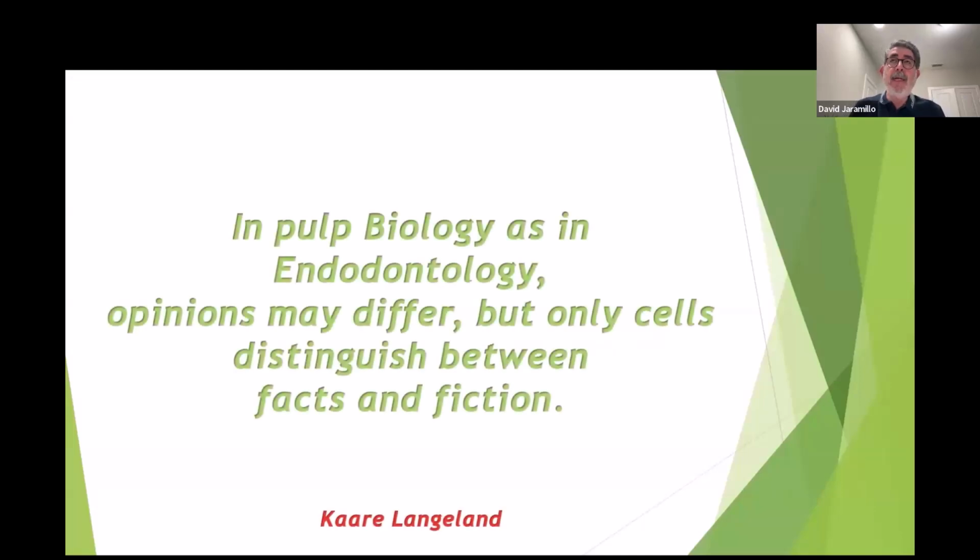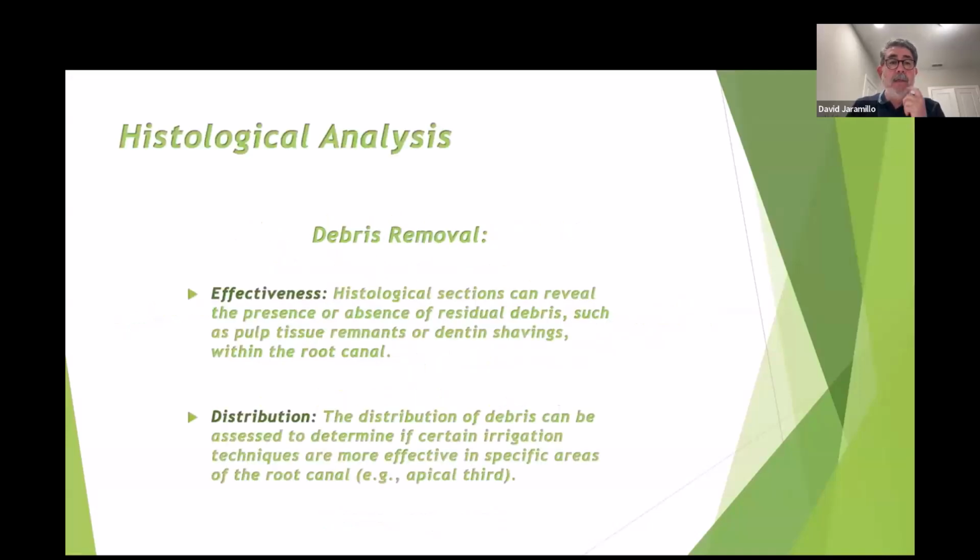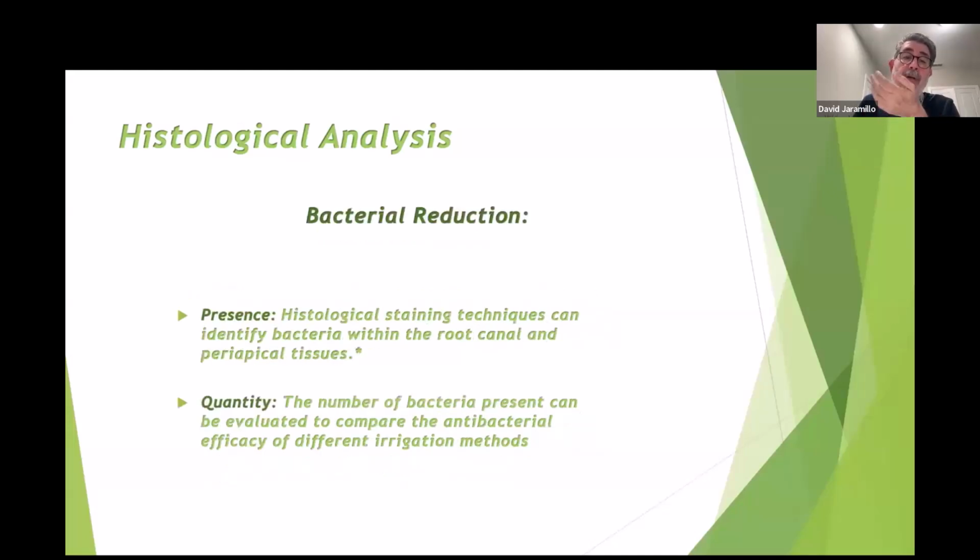So the histological analysis is what I learned from Dr. Langeland, who says, "In pulp biology, as in endodontology, opinions may differ, but only cells distinguish between fact and fiction." That's why I'm telling you, tissue talks. With histological sections we can assess debris removal, how efficient it is, the distribution of the debris, where that debris goes, and the reduction of bacteria.